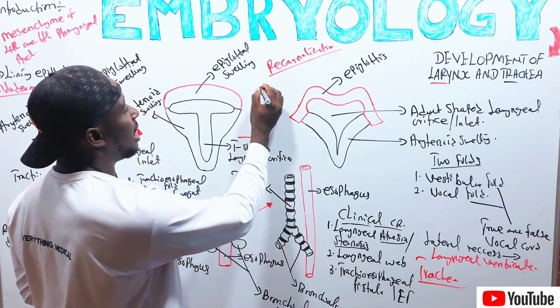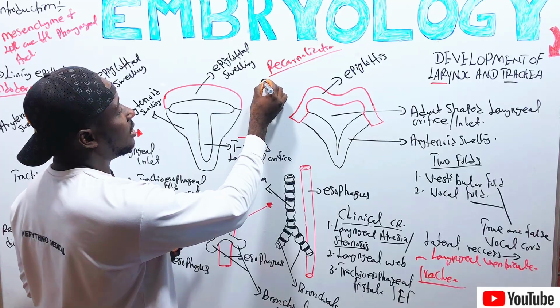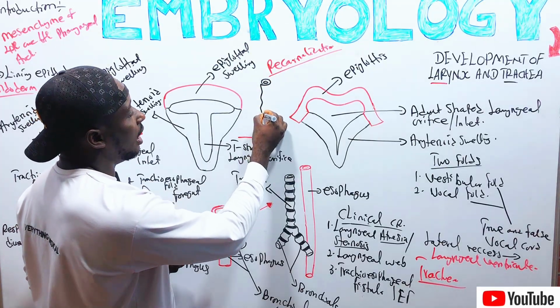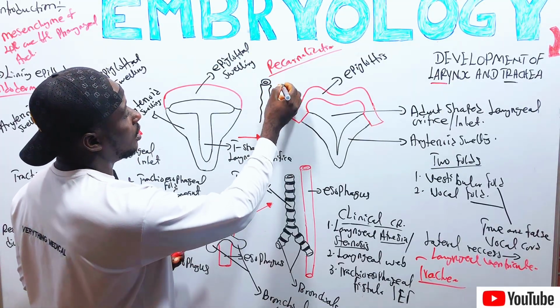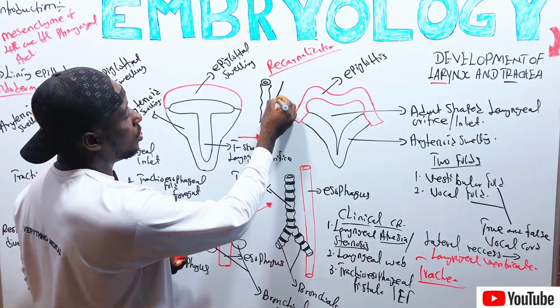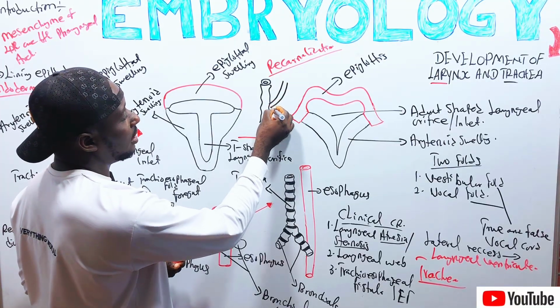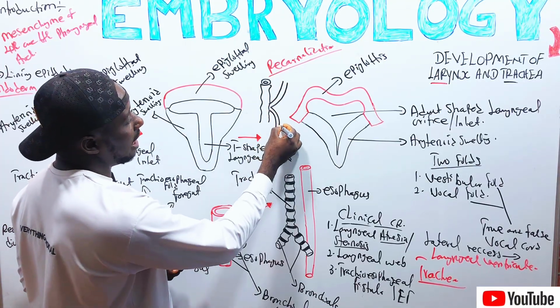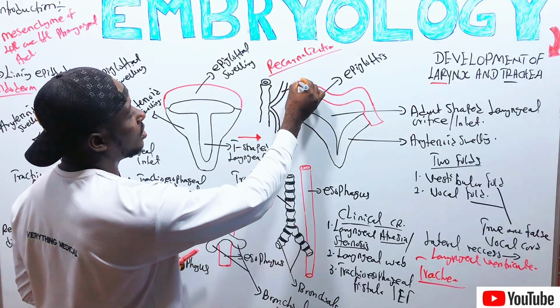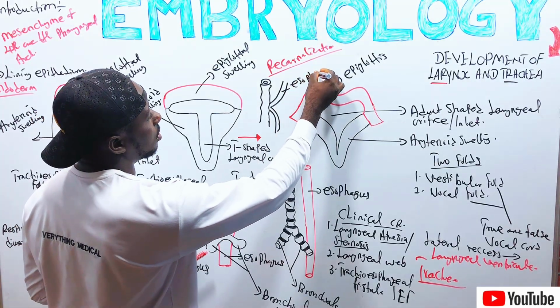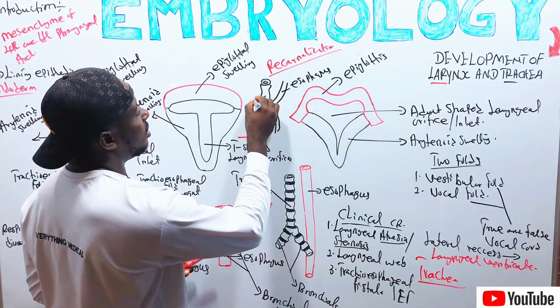It mostly appears in this manner: like this is the trachea, and the esophagus will fuse in this manner. There will be an abnormal connection, right? This is the esophagus. This is the trachea.